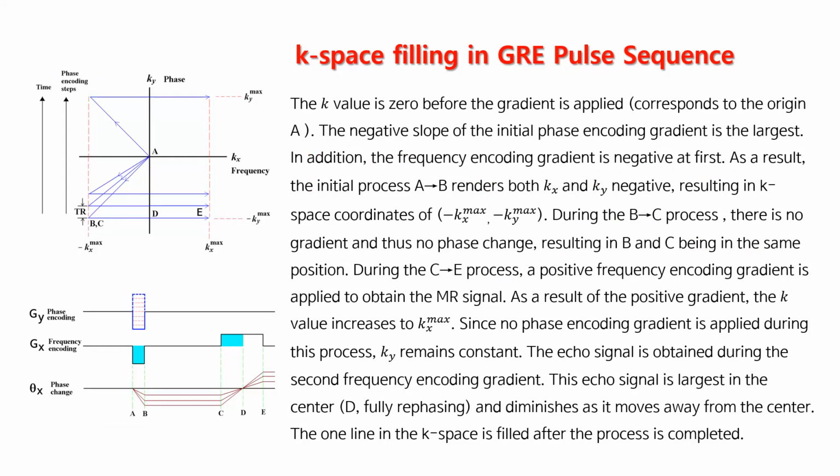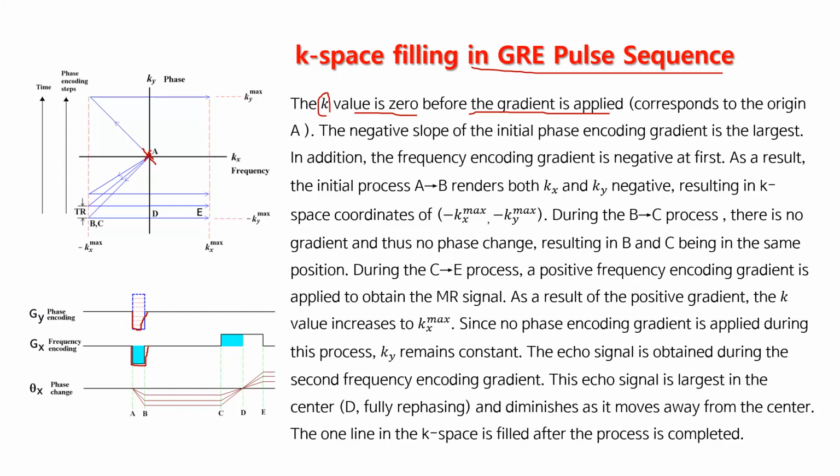Now let's see how the MR image fills the K space in the GRE pulse sequence. The K value is 0 before the gradient is applied, which corresponds to the origin A, the starting point. The negative phase encoding gradient and also negative frequency encoding gradient.